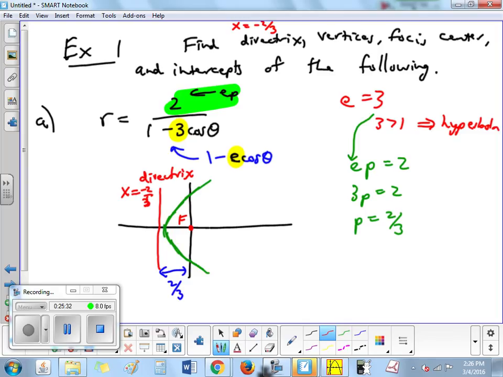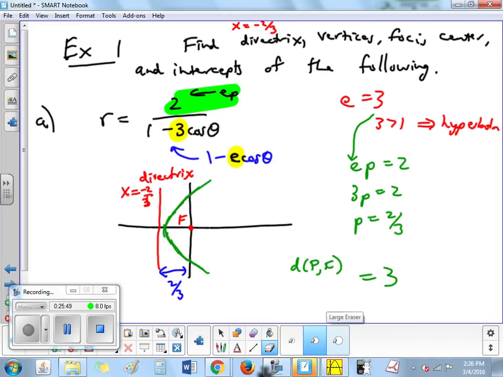If the eccentricity is 3, mathematically it means the distance from the point to the focus divided by the distance from the point to the directrix is 3. Or you can think of it this way, multiplied by dpd: dpf is triple what dpd is. You just multiply it over.